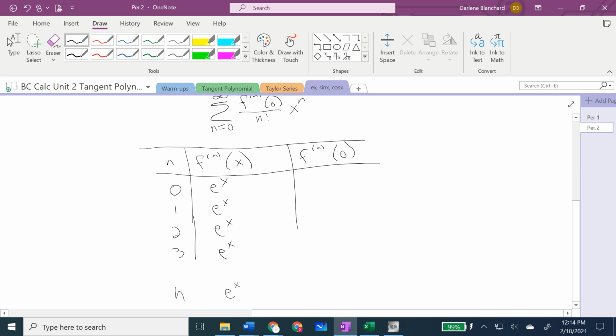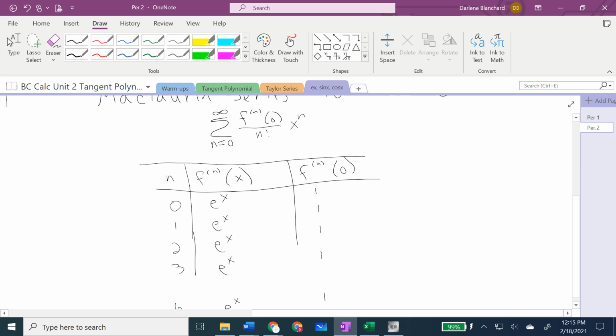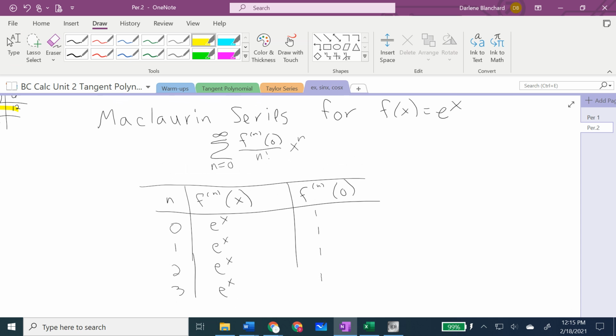What do I get when I plug 0 in? 1. All the way down. That means that the Maclaurin series for e to the x is simply replace that with a 1.